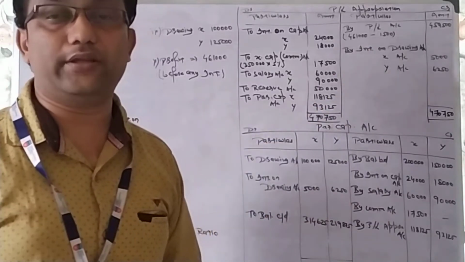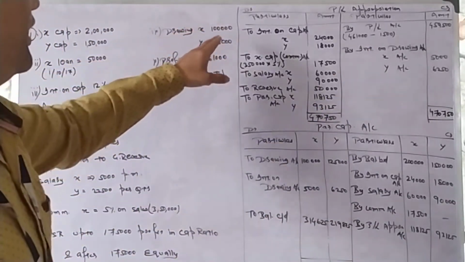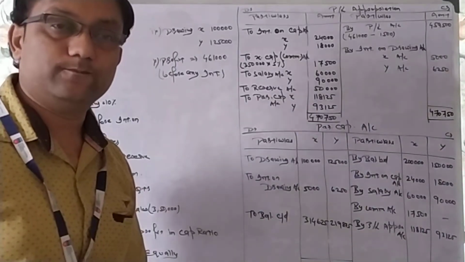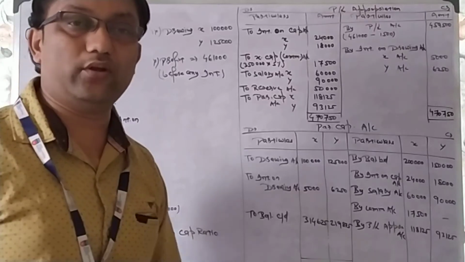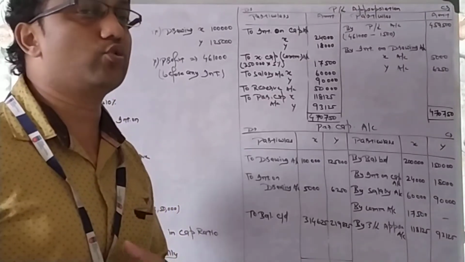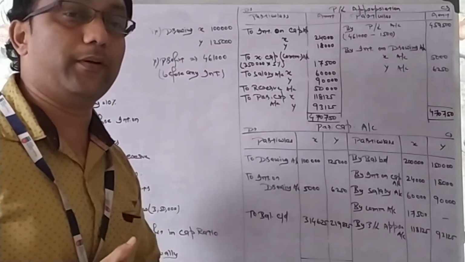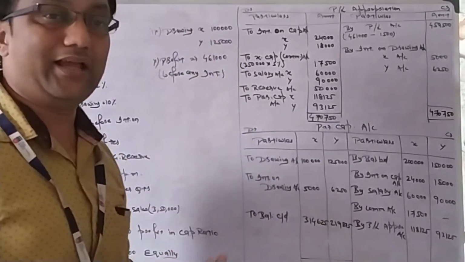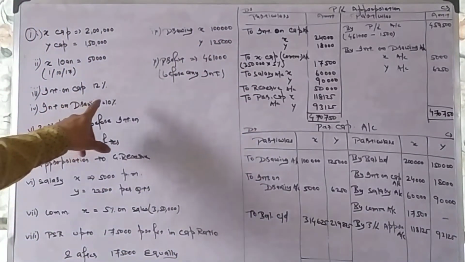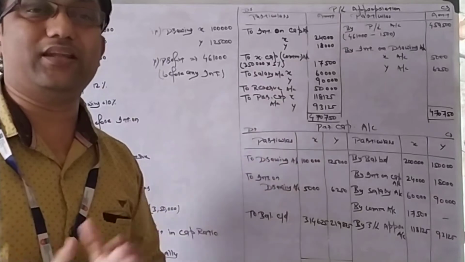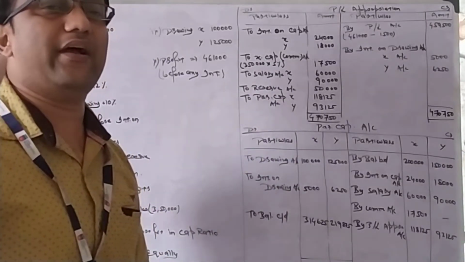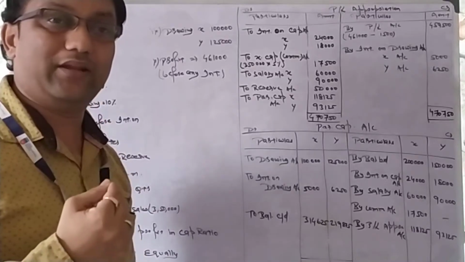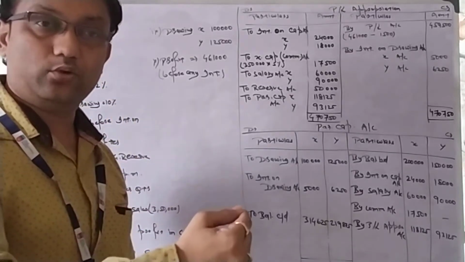Now coming to the next item, interest on drawing. 1 lakh is the drawing of Mr. X and 1,25,000 is the drawing of Mr. Y. Then how should we deal with it? It's very simple. No date is mentioned, and whenever the date is not mentioned, we take the period as average. Formula is annual amount into rate into time.